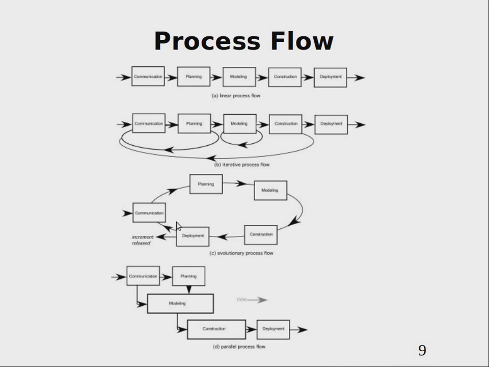And then there may be different kinds of mixes of these. For example, instead of an absolutely linear thing, you do something concurrently in parallel. And these are just patterns that you can see in different kinds of methodologies, but you will always see them.